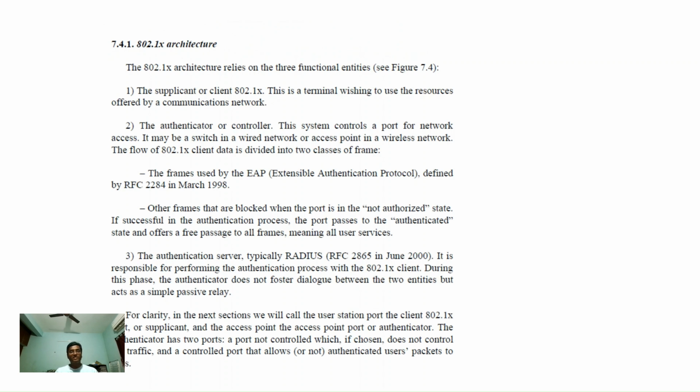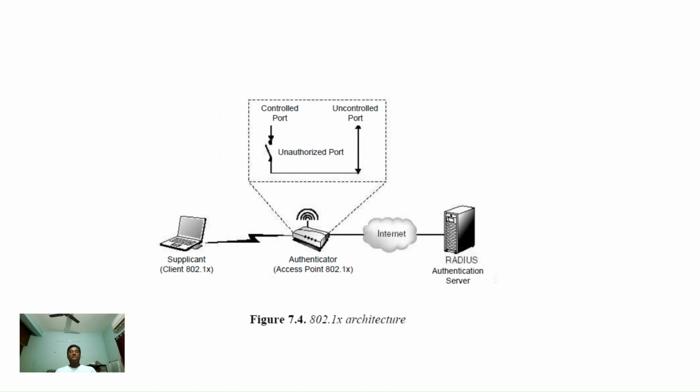So these are the three functional entities. As you can see, this is the 802.1x architecture, which comes with the supplicant, the client, and the authenticator.